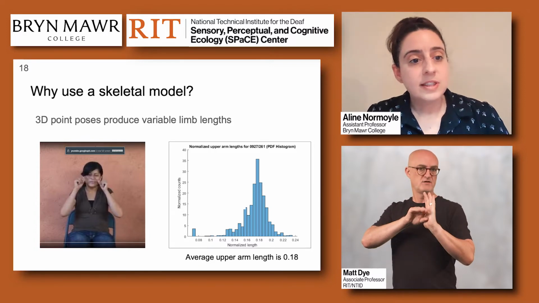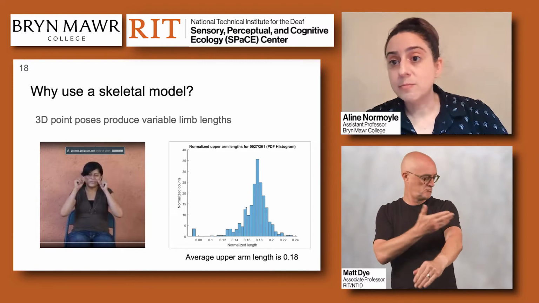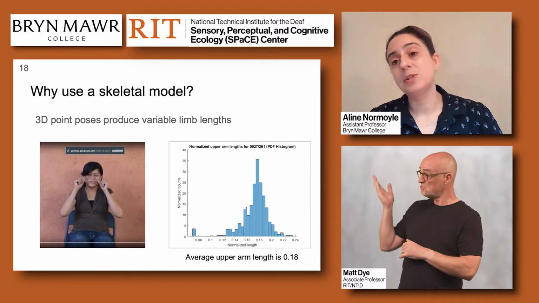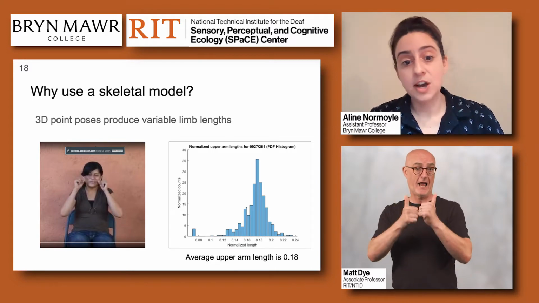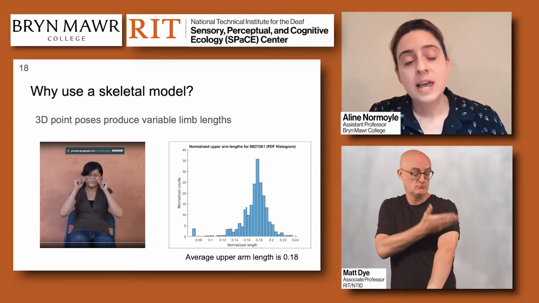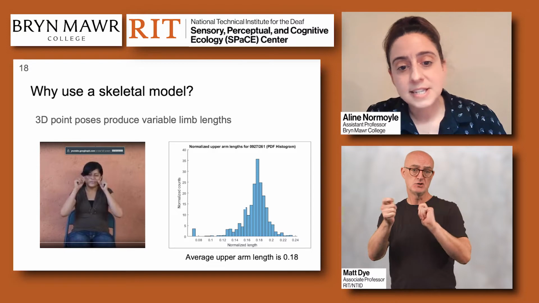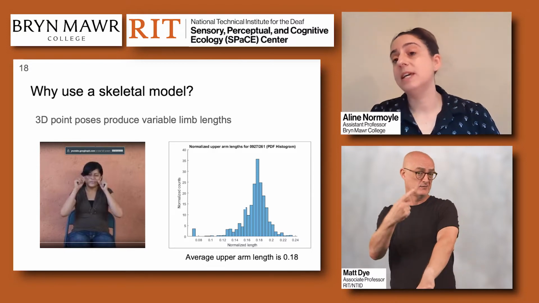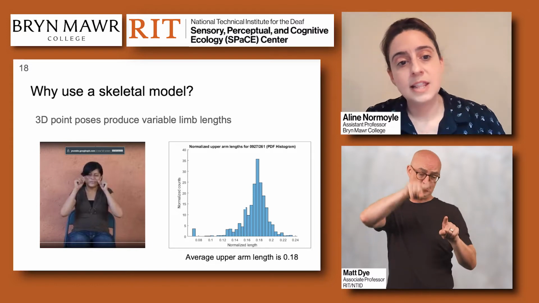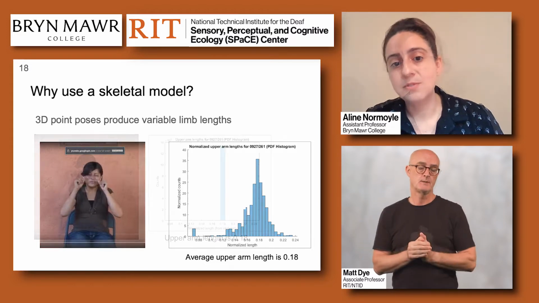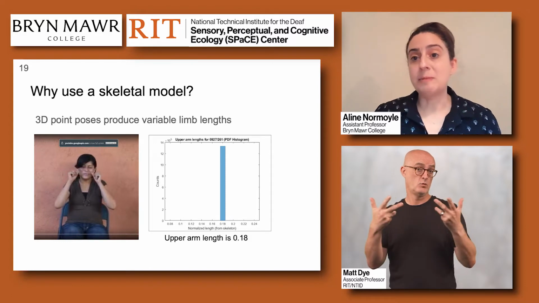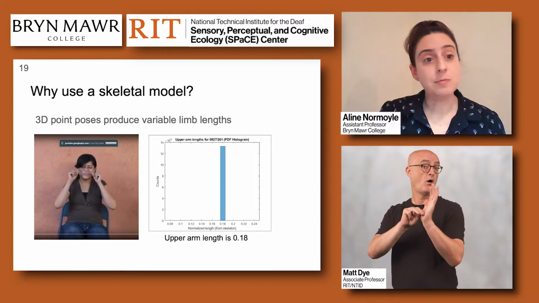So here on the left, we have a screenshot from one of our video clips, and then on the right, we have a histogram showing the lengths of the upper arm for that same clip. And if you look here, the x-axis is the lengths of the upper arm in image coordinates. And then on the y-axis, we have the counts. But if we use a skeletal model, the upper arm length remains constant, just like we want.